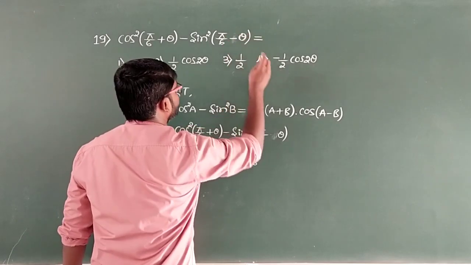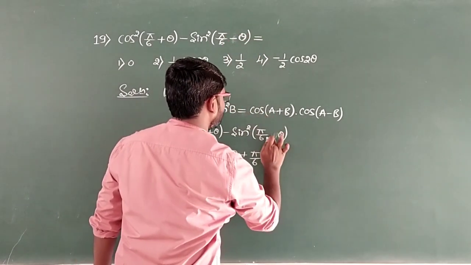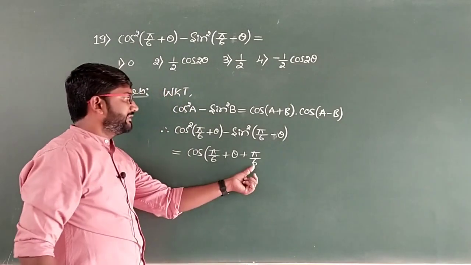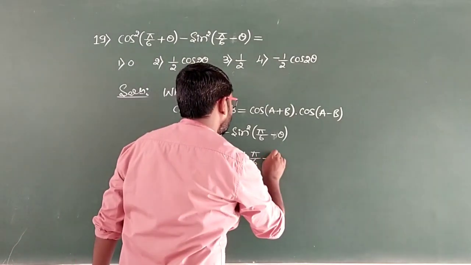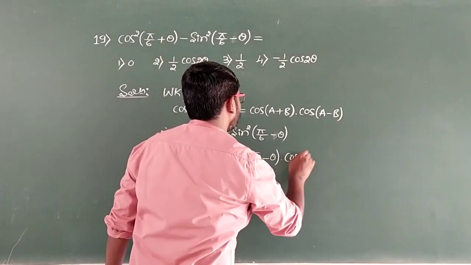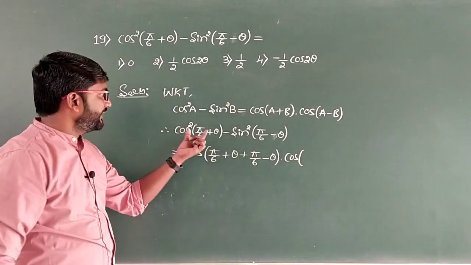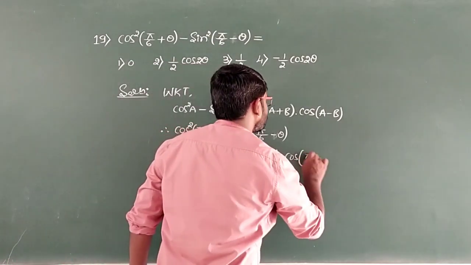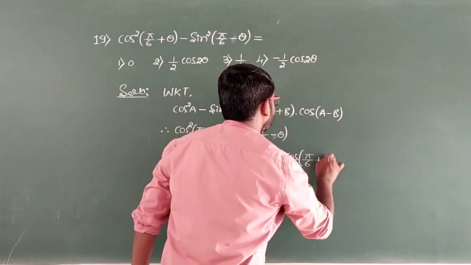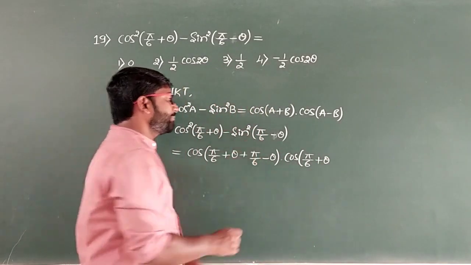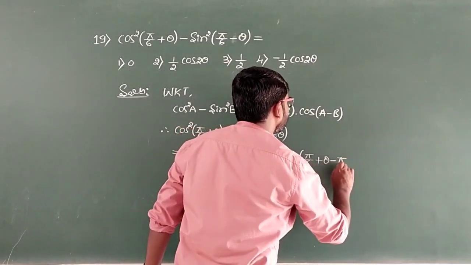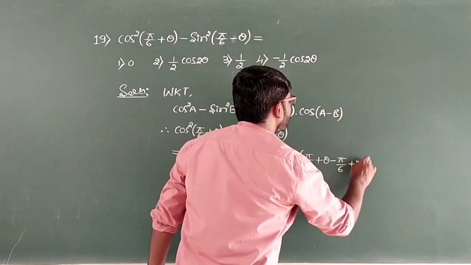So now pi by 6 minus theta, then into cos of A minus B. A remains as it is, pi by 6 plus theta, then minus of B means minus pi by 6, minus into minus plus theta.